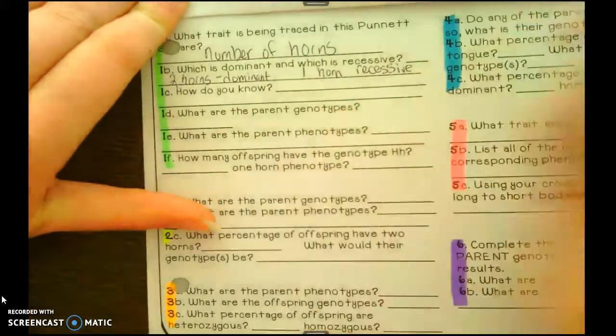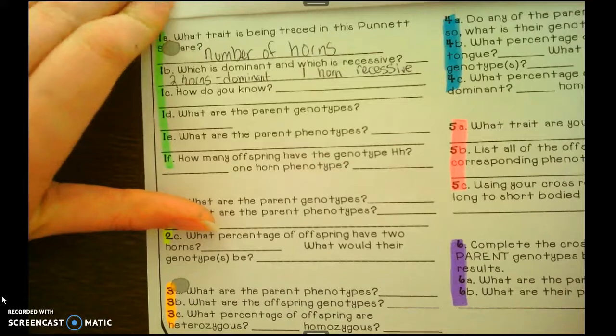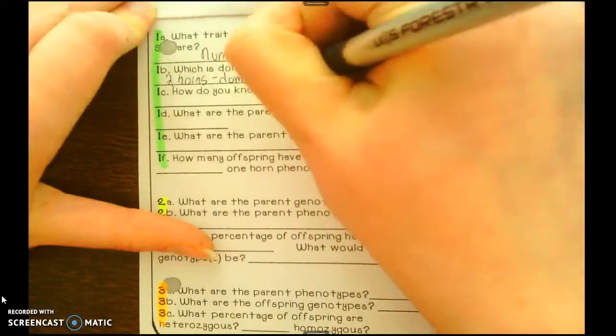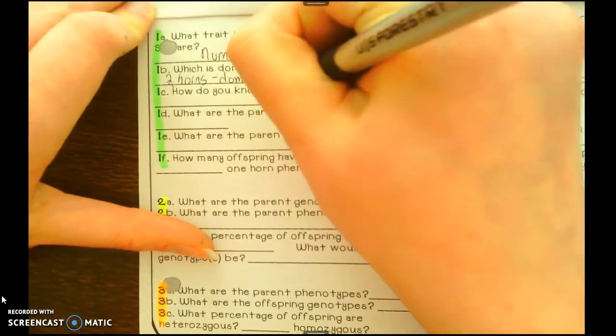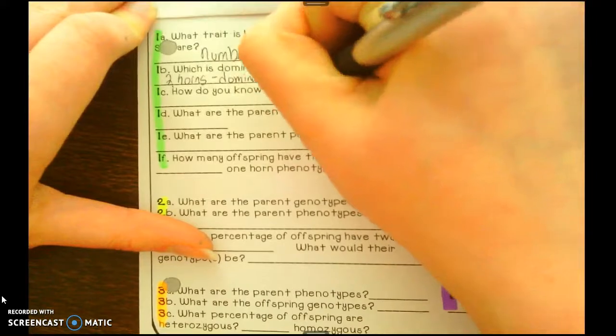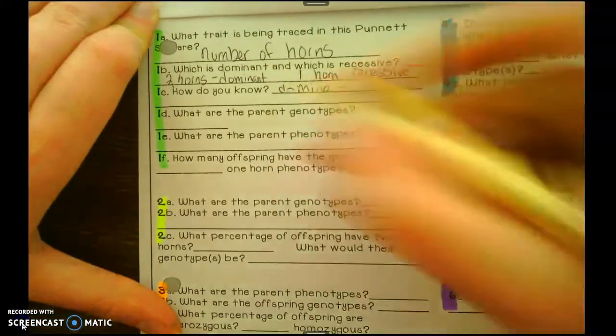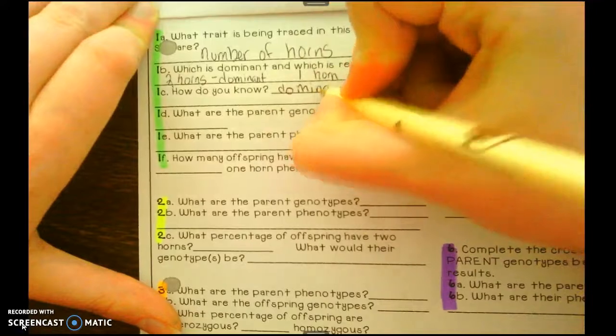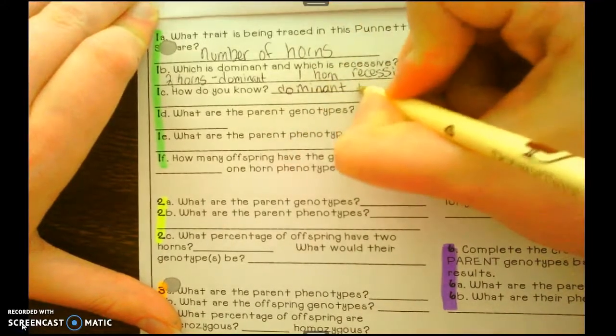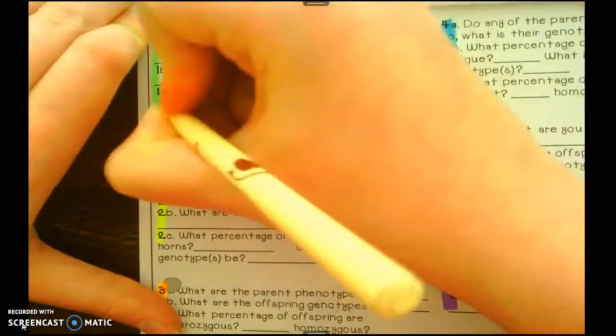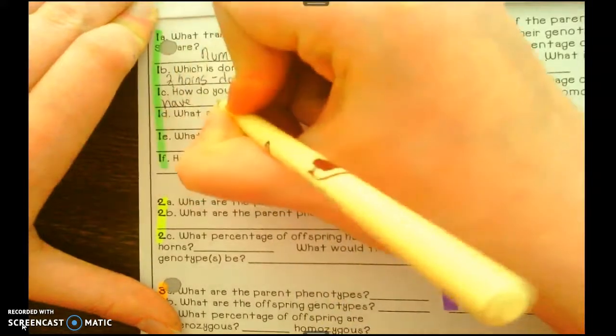Well, how do you know that something's dominant? We know that something's dominant because dominant traits have capital letters. My pen is dying. Let's try this again. Dominant traits have capital letters.